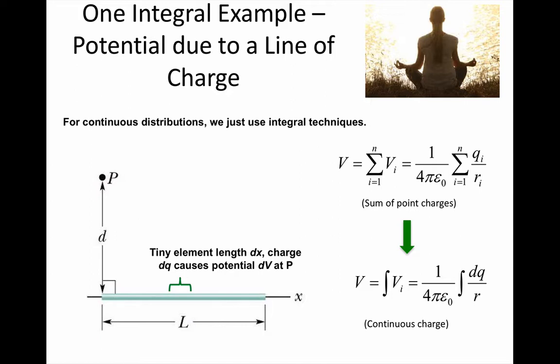Now we know also that for integration, the sum of the point charges becomes an integral of different tiny elements of length along the line, where each tiny element of length has a little bit of charge, so we can treat it as a point charge. So we need to find the potential due to a line of charge.